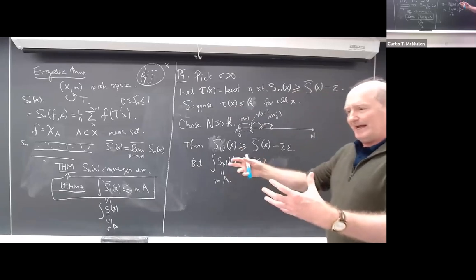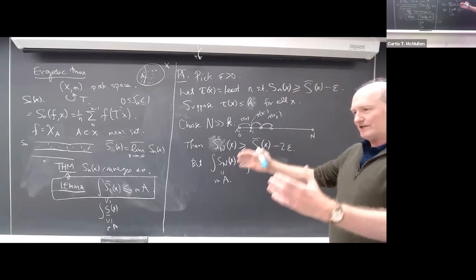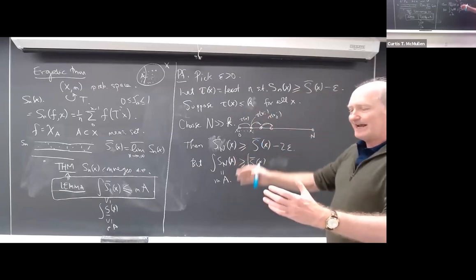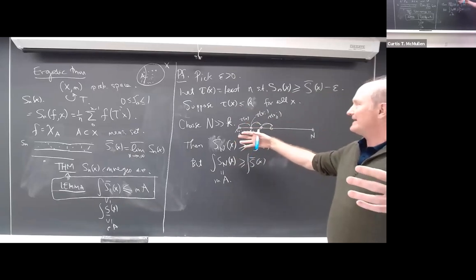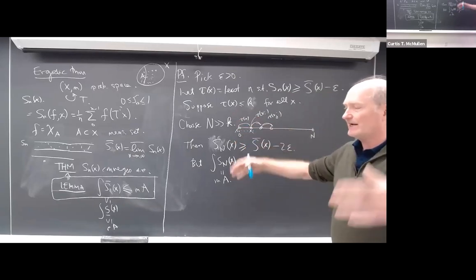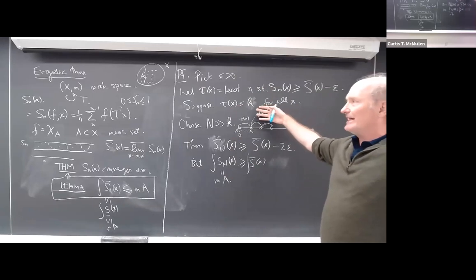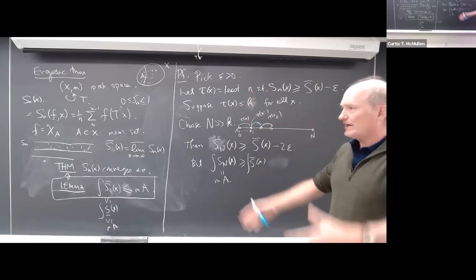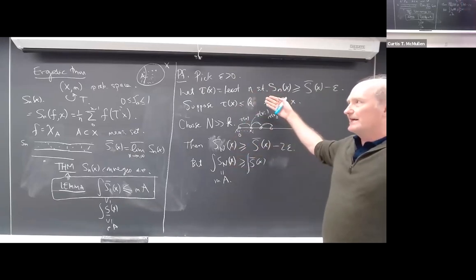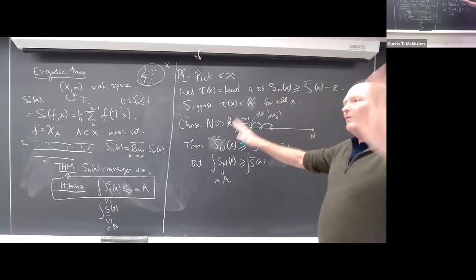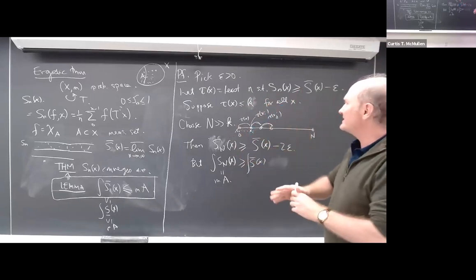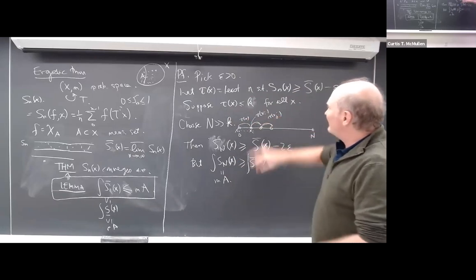So there's a certain set where k is 10, a certain larger set where tau of x is less than 100, a larger set where it's less than 1,000,000, and then the union of all of those exhausts the whole space. So if you're willing to throw away a small part of the space, you can achieve this fact.